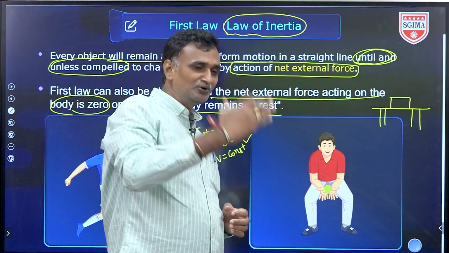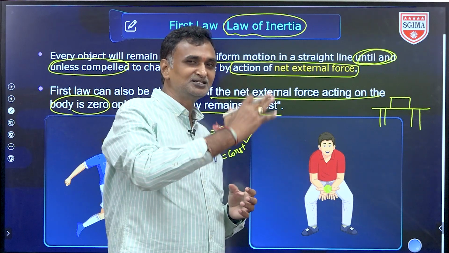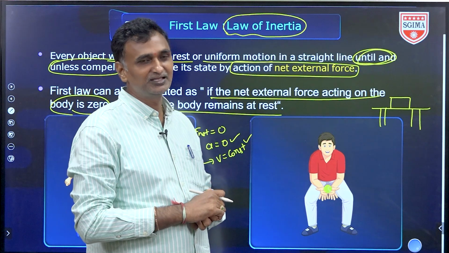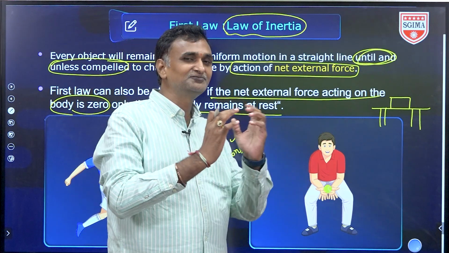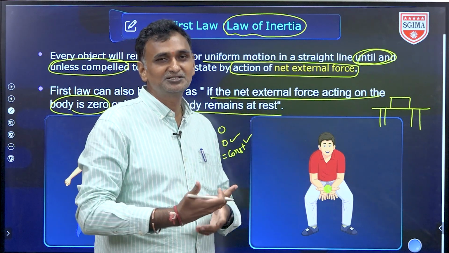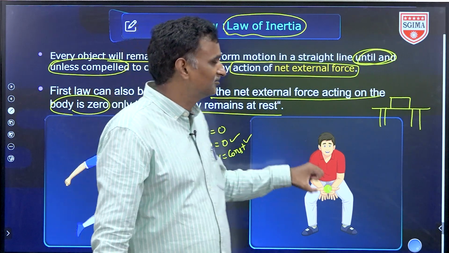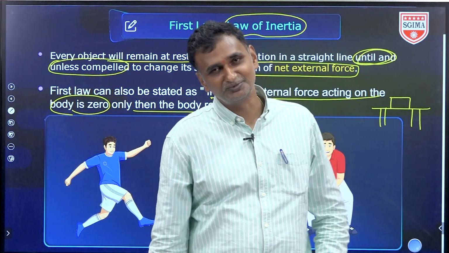Suppose he does not catch the ball that is in motion. It will move in the same motion only, with the same velocity. But he applies some force to catch the ball, so suddenly it stops. Its acceleration becomes 0. So this concept we need to learn from the first law of motion.